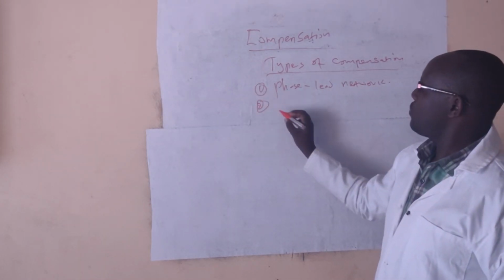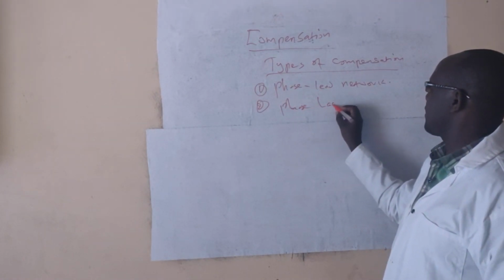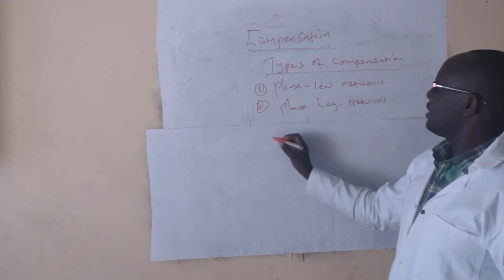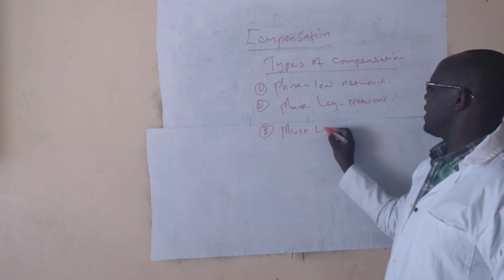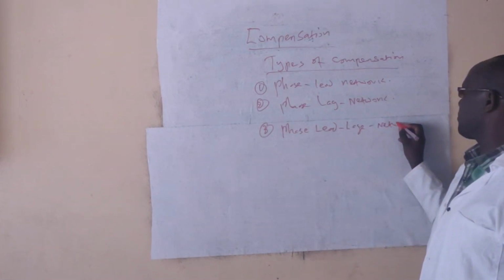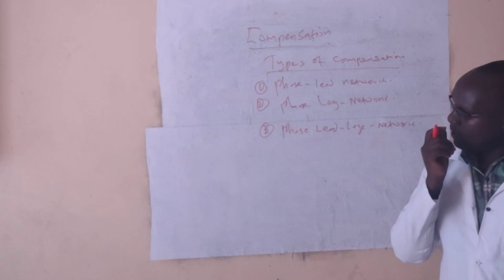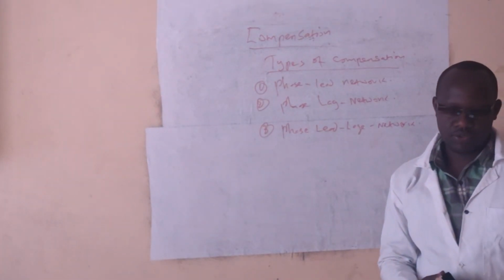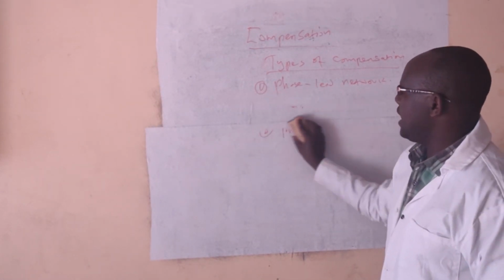Number two, we have the phase lag network. And three, we have the phase lead lag network. So we've got three types of compensations, and now we want to start by looking at the phase lead network.